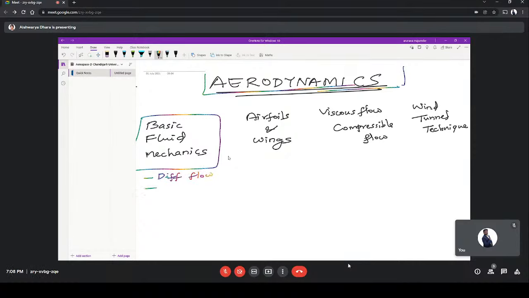You must be aware of what the stream function is, and how the stream function and velocity potential function work. The stream function is mathematically defined as psi, and the potential function as phi.